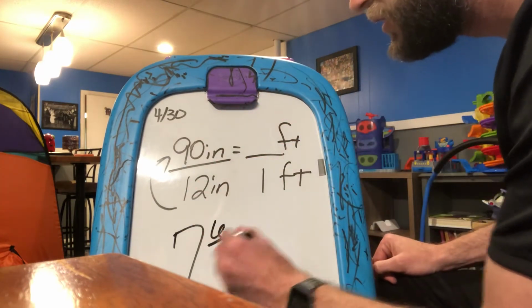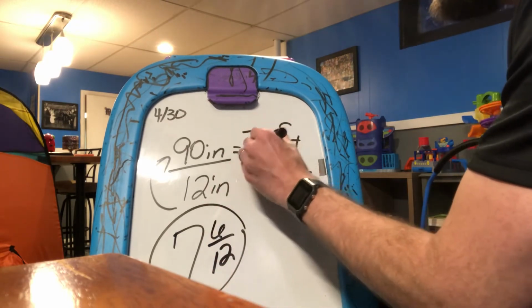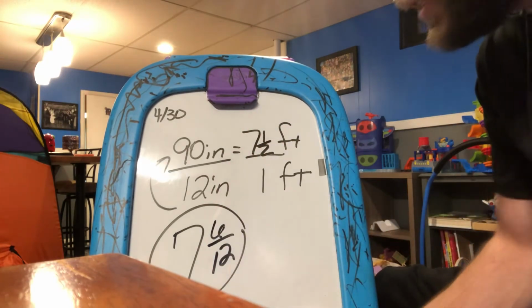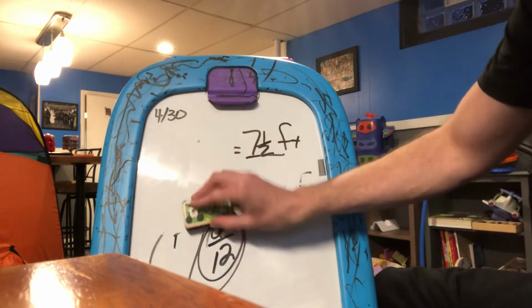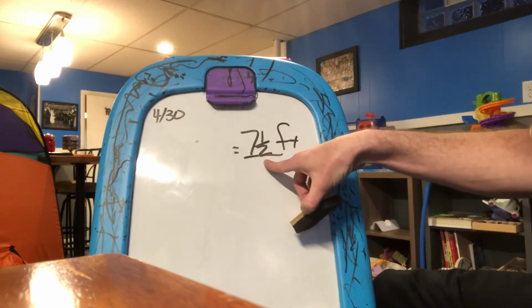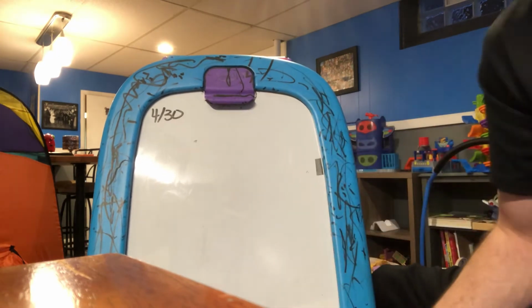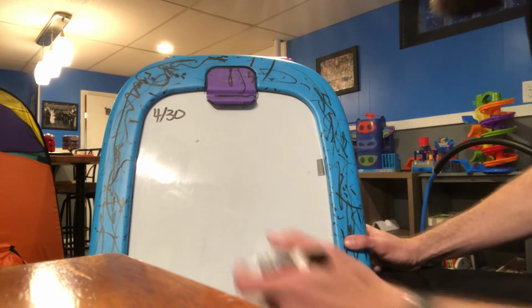So we still have 6 12s left. So 7 and 6 12s, or 7.5 feet, because 6 12s is 1/2, right? So you're pulling out as many 12s as you can. You can pull out 7, and there's still 6 12s left. So 7.5.